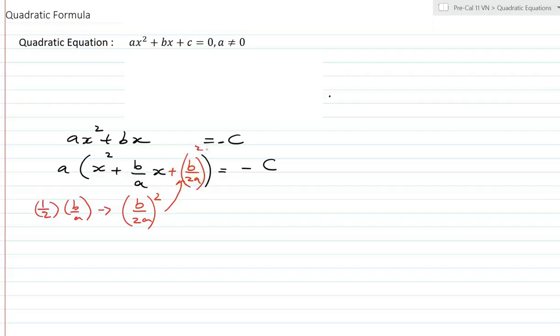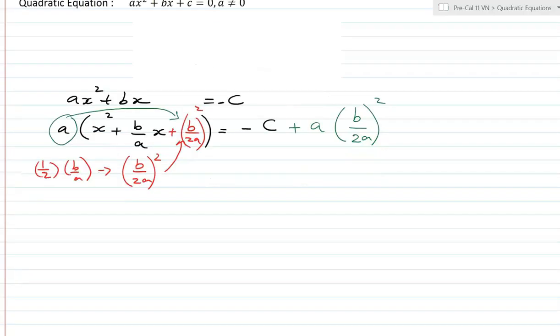That's what we're doing. And whatever we do to one side, we have to do to the other side. But remember that there is this a outside being multiplied by that. So we have to say plus a times b over 2a all squared.